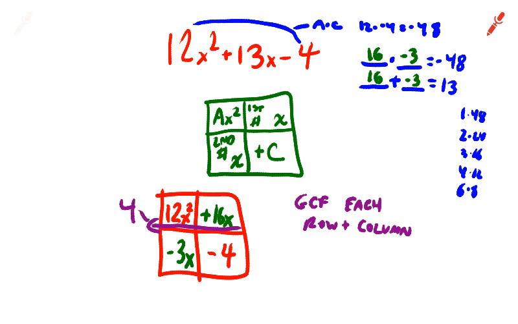So the greatest common factor is 4x. Then I'll look at the negative 3x and the negative 4. They don't have an x, and neither of them are divisible by anything other than 1. And because the negative is in the front here, I'm going to use the negative for my sign. So whatever sign is closest to the left or closest to the top, that's the sign that you'll use.